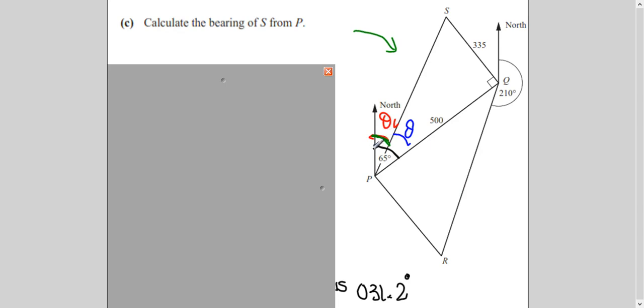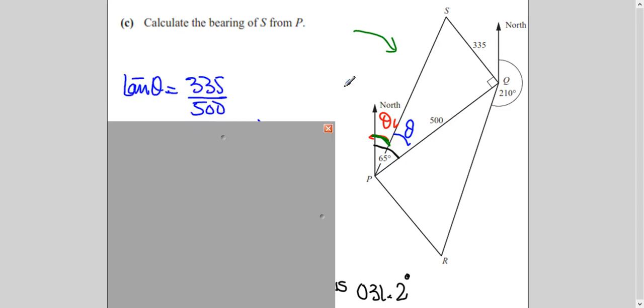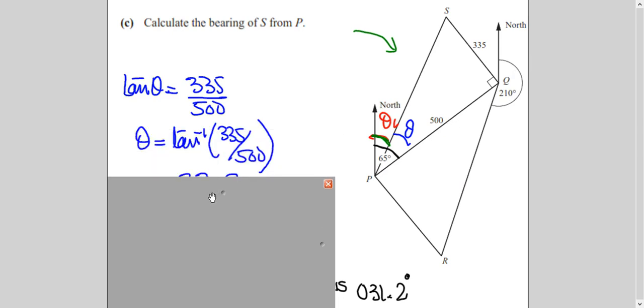Right now you only know this complete angle, which is 65 degrees. So what comes to your mind? How can you calculate this angle? If you look at this triangle, it's a right angle triangle, you can easily find this blue angle. For this angle, it is opposite over adjacent. So you can apply tan theta is equal to 335 over 500 and calculate the angle.